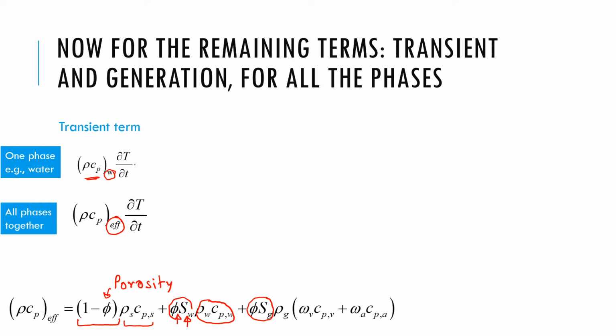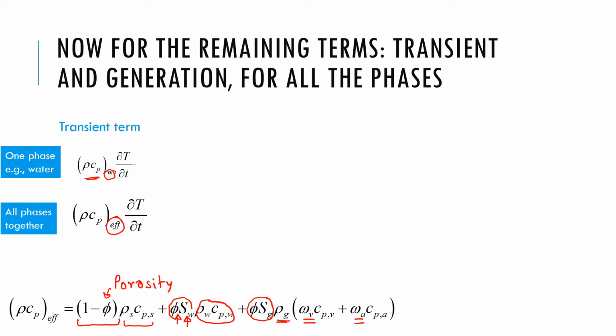multiplied by the volumetric capacity of the gas. So for gas, again, it's made up of vapor and air. So this is the density of gas, and then between vapor and air, again, the heat capacity is weighted by the mass fraction in this case.